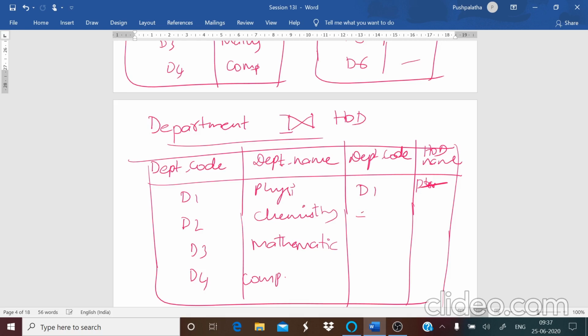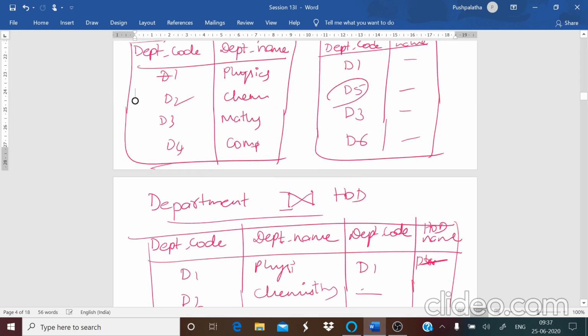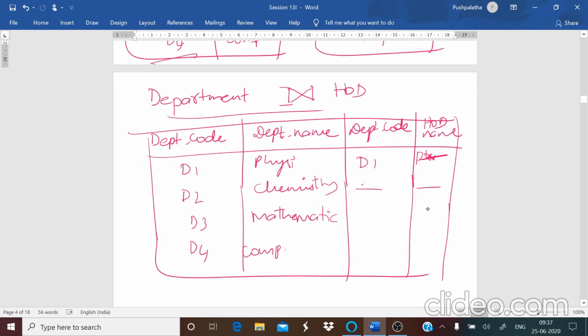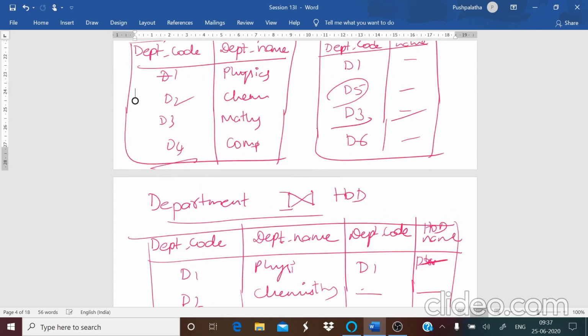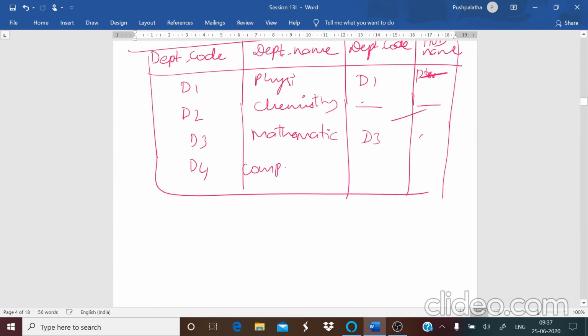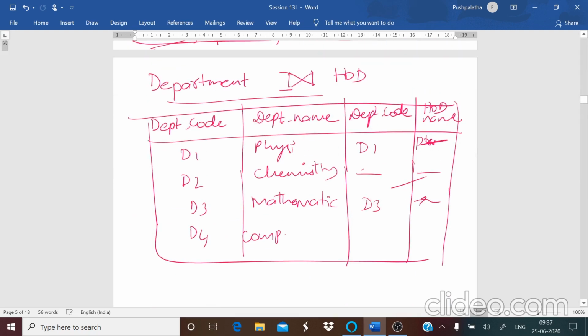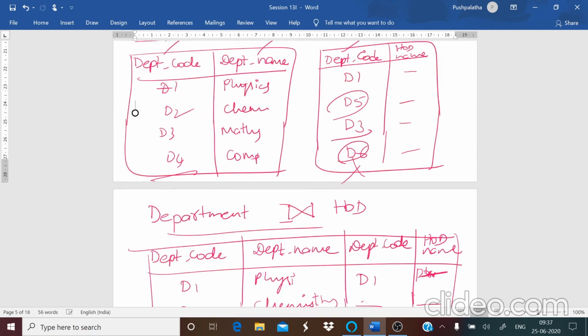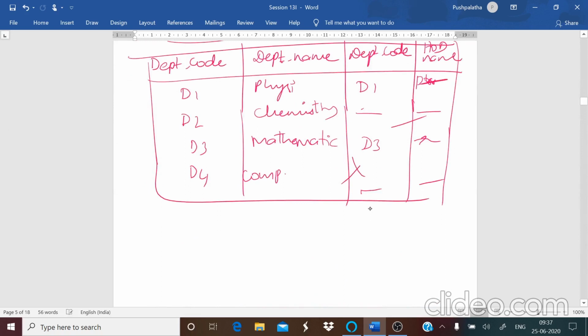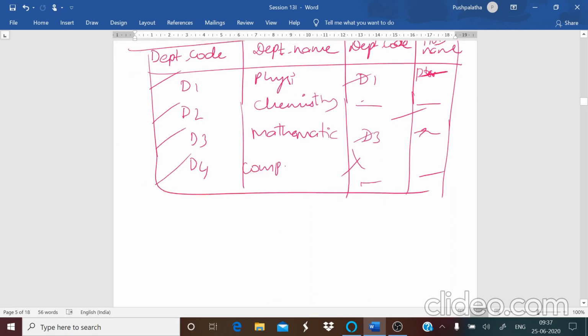D5 is not present in the left table, so that is left blank. And again D3 is present here, so you mention D3 and give the name. And D6 is not there, so you leave it blank. Okay, this is what happens. Only D1 and D3 are present, and only this will be displayed in your left outer join.